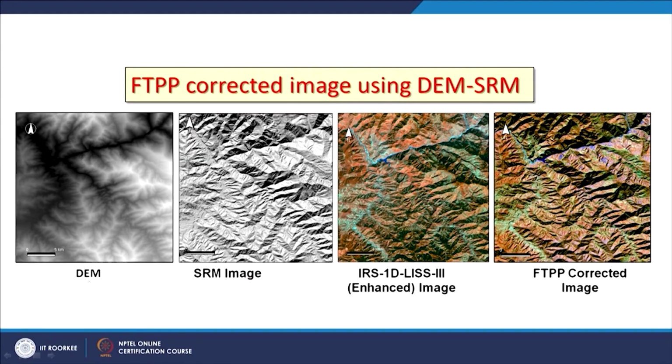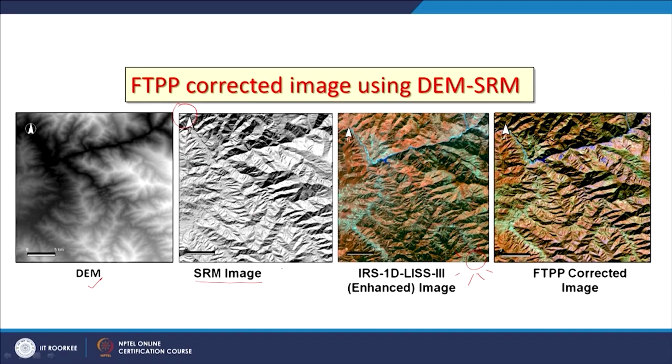On the first left you are seeing a digital elevation model which is completely featureless, or bare. Then you are seeing a shaded relief model or hillshade. So, illumination has been added from the northwest direction. This image is of course suffering from FTPP, where the illumination source is here.